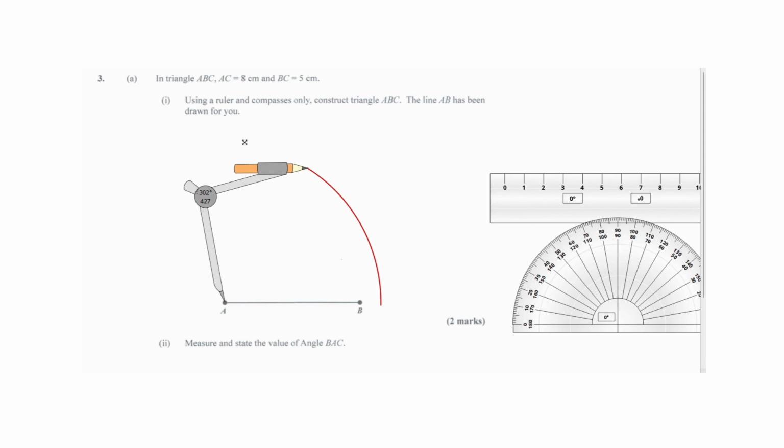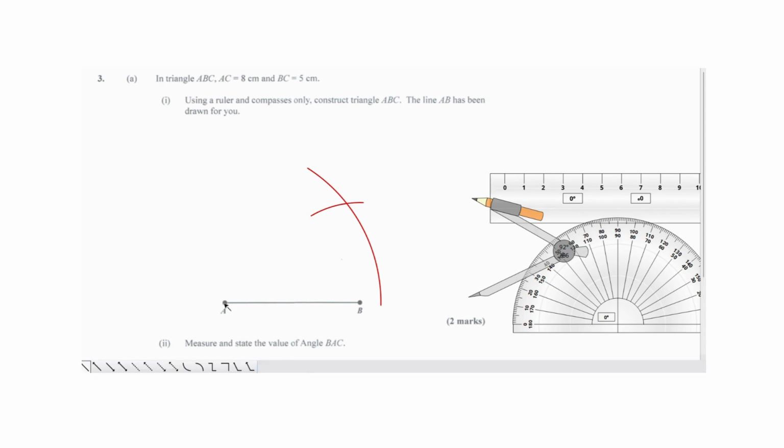And then now we need to repeat the process for BC. And we're going to adjust the compass to 5 centimeters on our ruler. So that's 5 centimeters. Then we put the point of our compass at B. So we're going to cut it here. So we bisect it. Now we're going to draw the line AC.